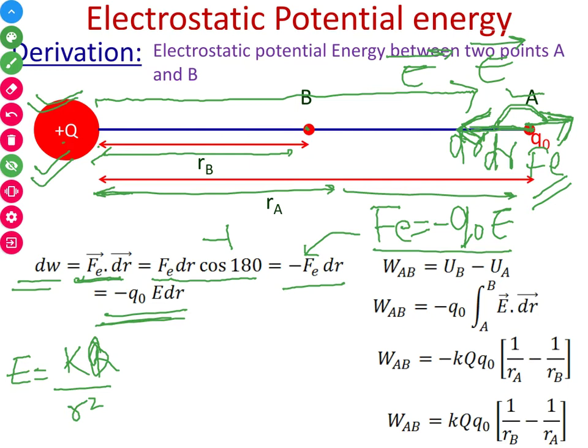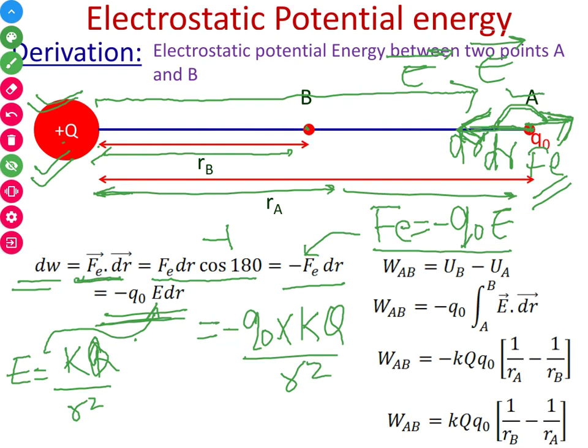If I put the value of E in this expression, it becomes minus Q naught into KQ by R square into dr. So this is the small amount of work done to bring the test charge Q naught from A through a small displacement dr.